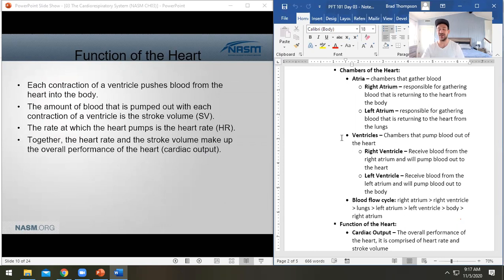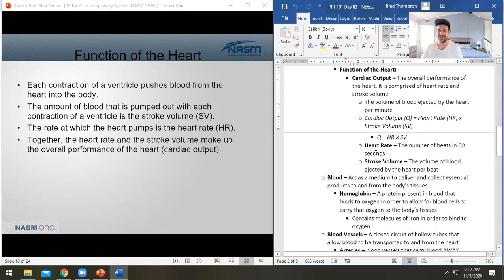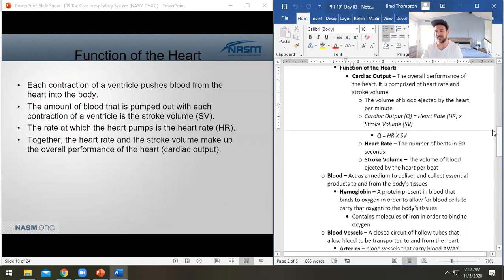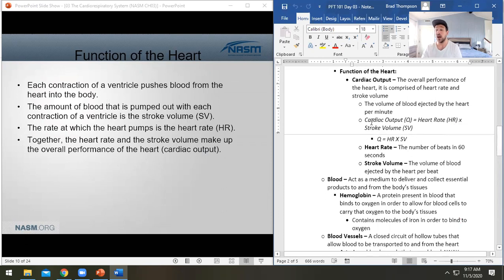so let's go ahead and look at how your heart functions, right? Let's look at the actual job of the heart, when the heart's doing all of its actual work. When we're looking at the function of the heart, we're going to measure all of this. We as personal trainers, one of our main jobs is to measure how well someone's heart's working, right?